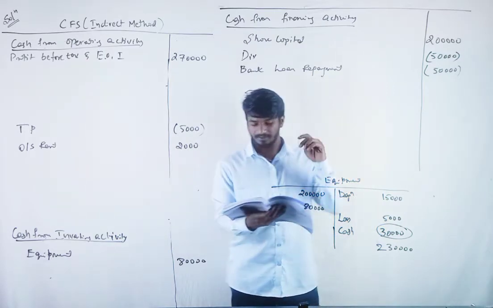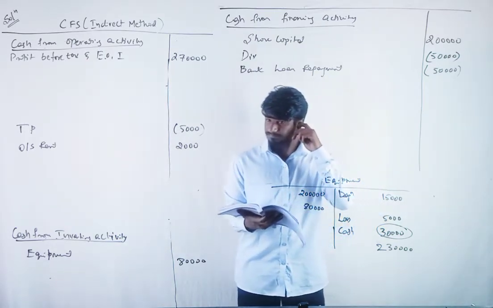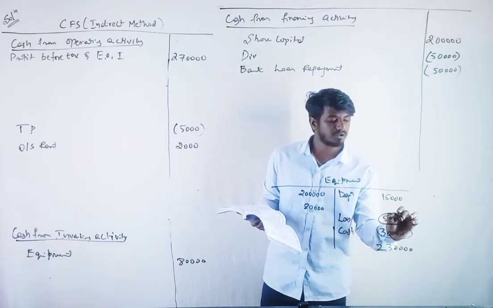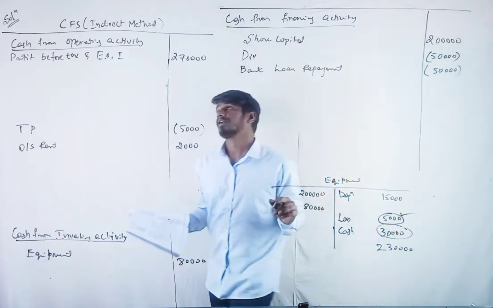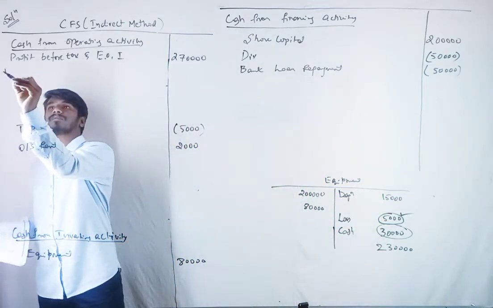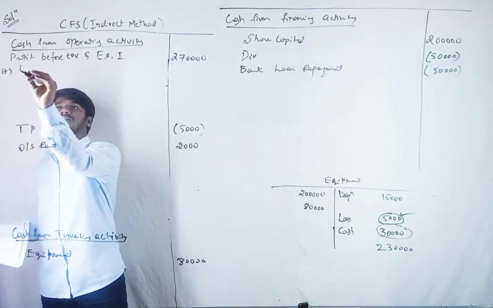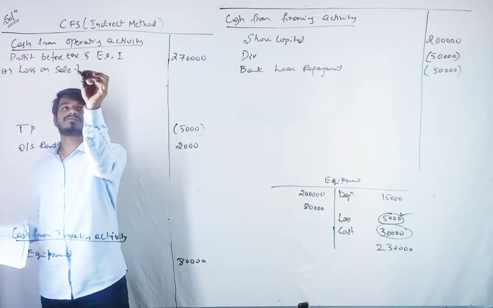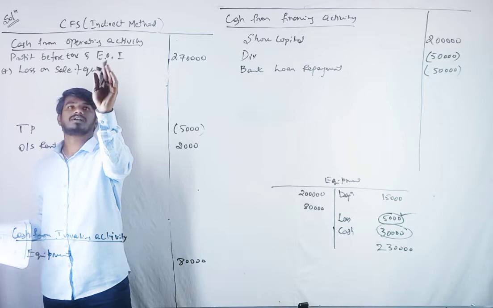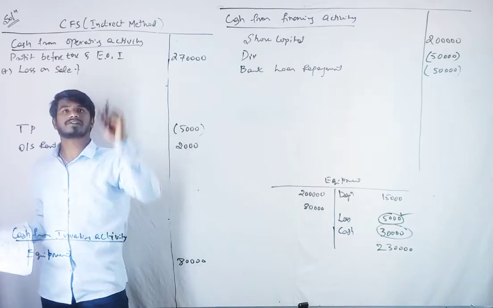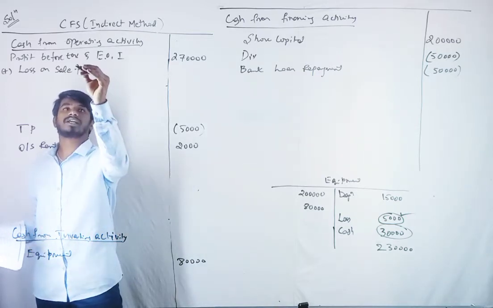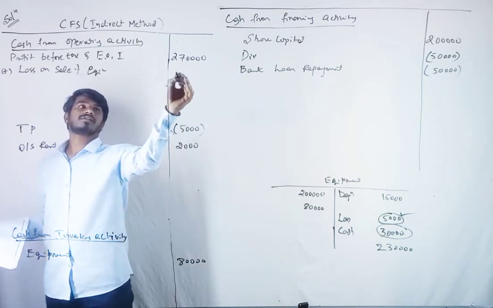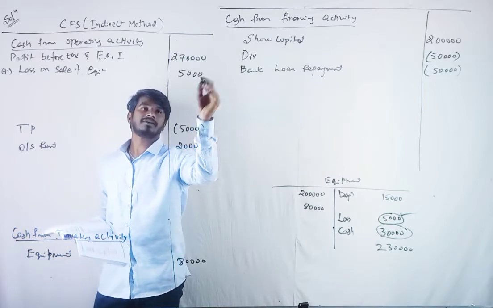First, the 5,000 loss we will add in the loss on sale of equipment, because by this our profit might have reduced. It is not our operating activity. 5,000 we will add.